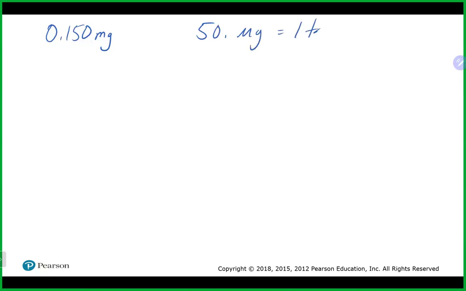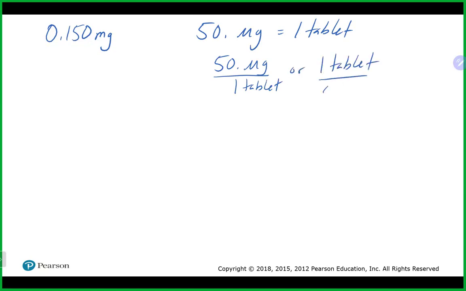Equals 1 tablet, right? So we definitely could use this as a conversion factor of 50 micrograms over 1 tablet, or 1 tablet is 50 micrograms, right? The problem though is when we talk about the doses there, the milligrams and our micrograms are different units, right?